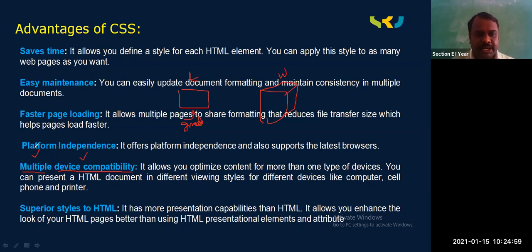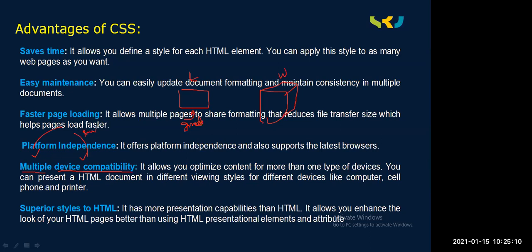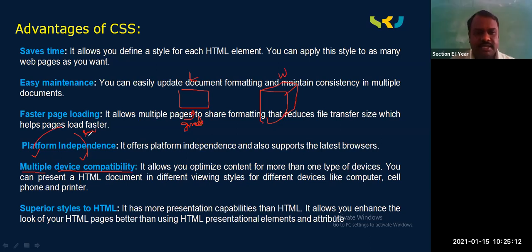But can you access this Gmail page on your mobile and your laptop or not? Yes, sir. So this Gmail, for example, has used CSS. Everything uses CSS; without CSS, no web page will be created.